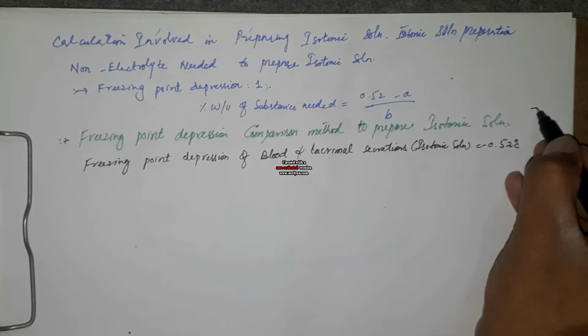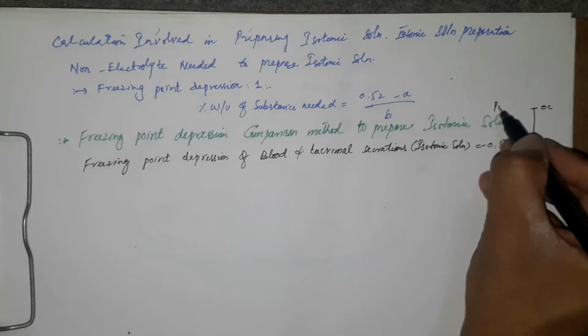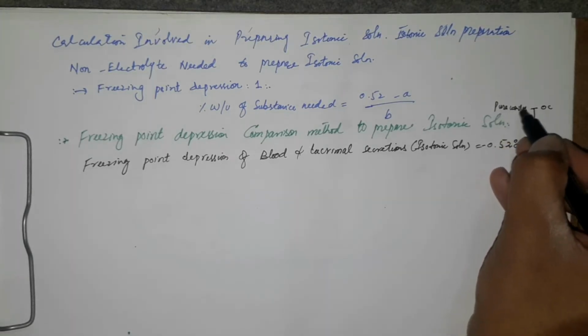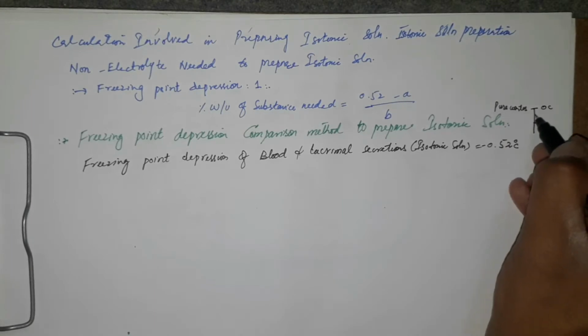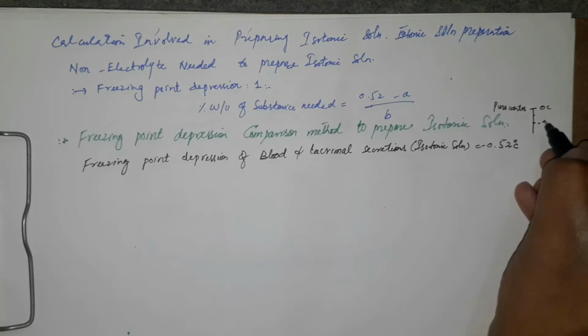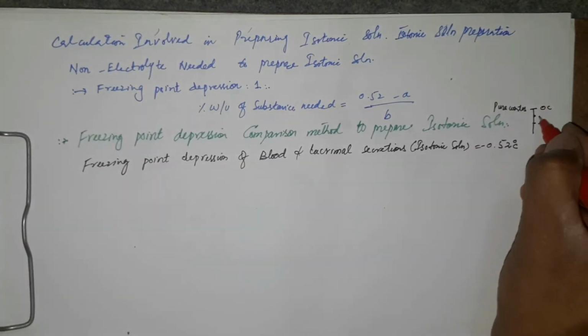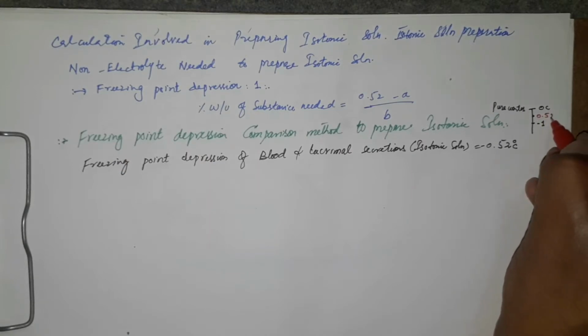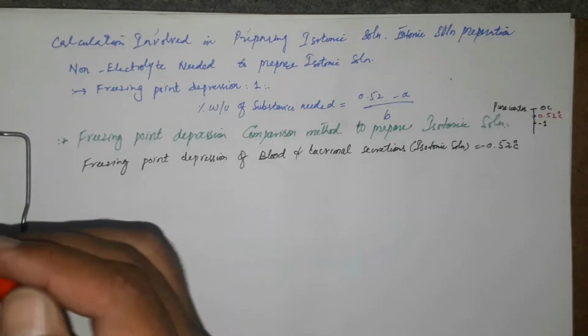That is, on the scale of our thermometer, pure water will freeze at 0 degree centigrade, but our blood or our lacrimal secretion will freeze at a bit lower temperature than pure water, somewhere at minus 0.52 degree centigrade.